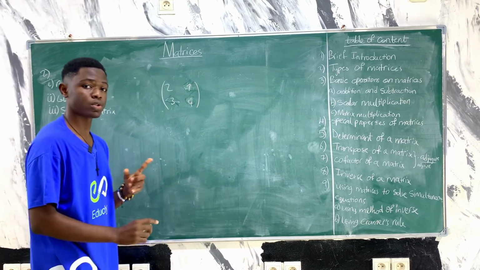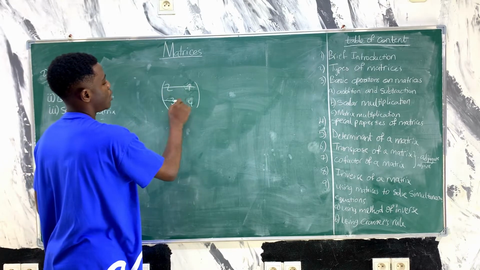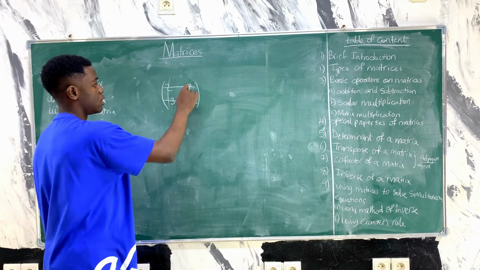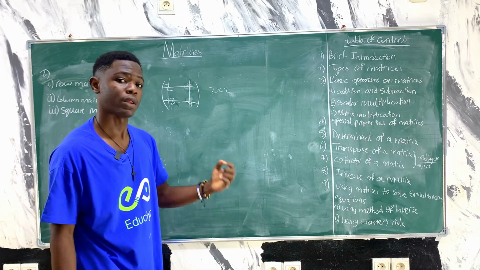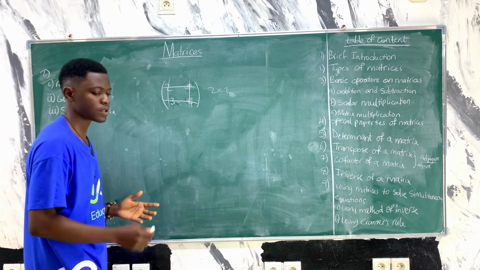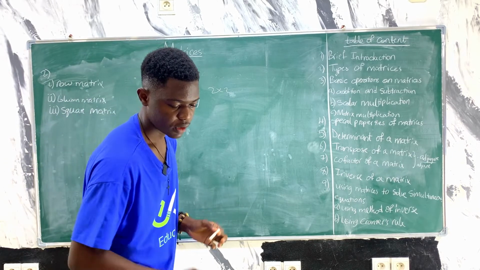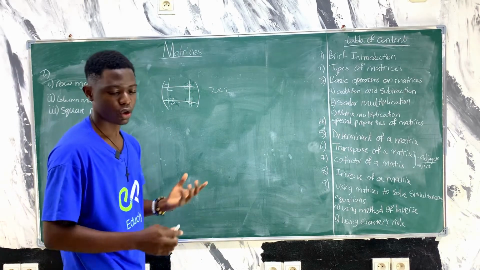So the number of columns is equal to the number of rows. Here you can see that there are 2 rows and 2 columns. This is a 2 by 2 matrix. So any 2 by 2, 3 by 3, 4 by 4 matrix is a square matrix. So we also have a zero or null matrix.